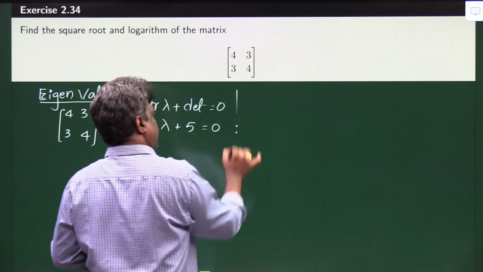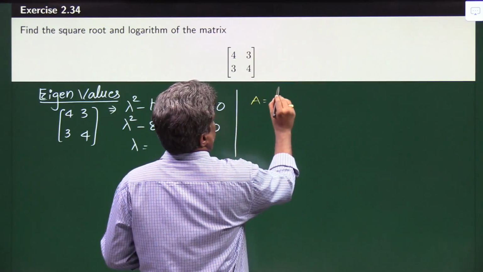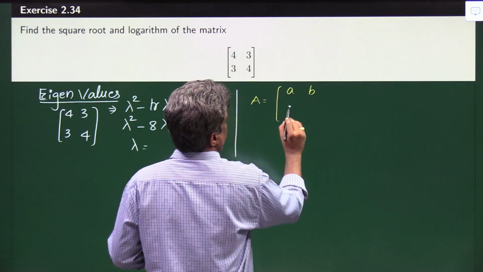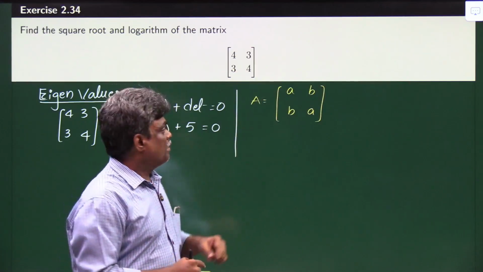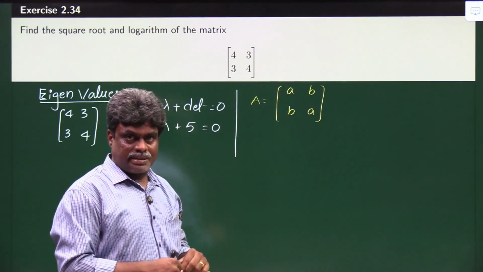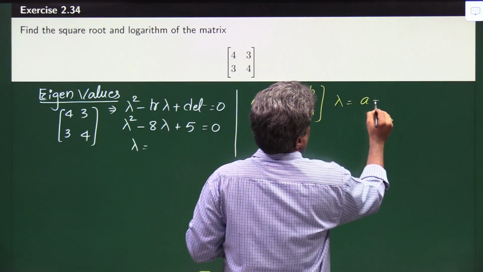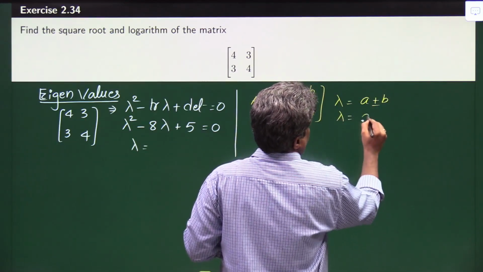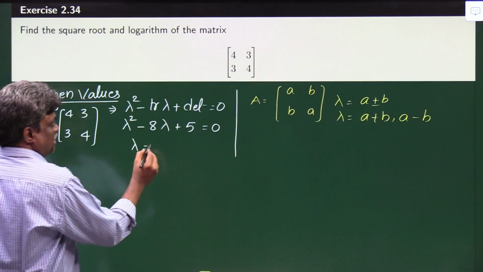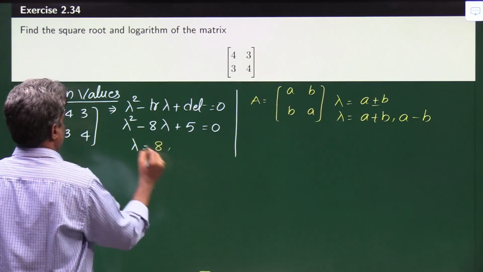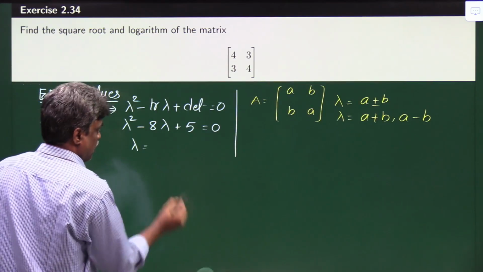And there is one more technique. Whenever your matrix is in the form A, B, B, A, if you observe carefully, the diagonal elements are the same and the off-diagonal elements are the same, then the eigenvalues are simply A plus B and A minus B. According to this, we get 4 plus 4, 8, and 4 minus 3, that is 1.